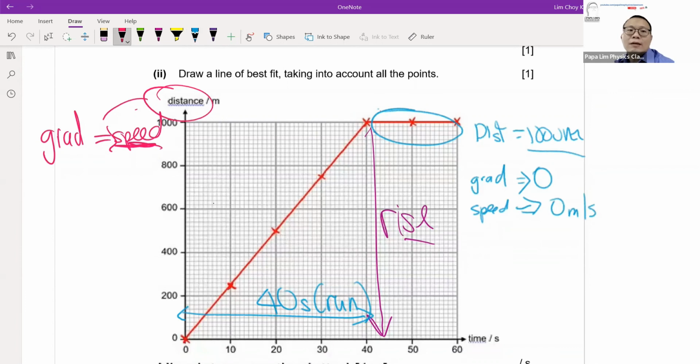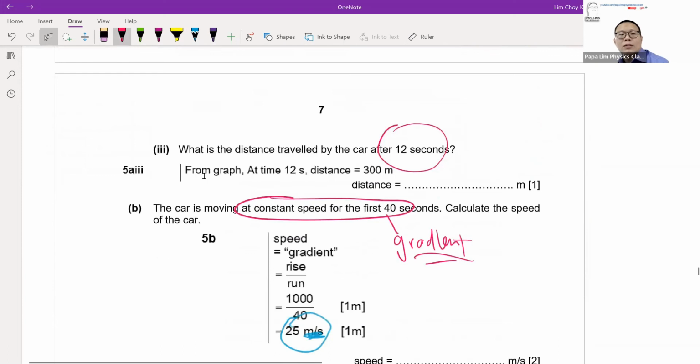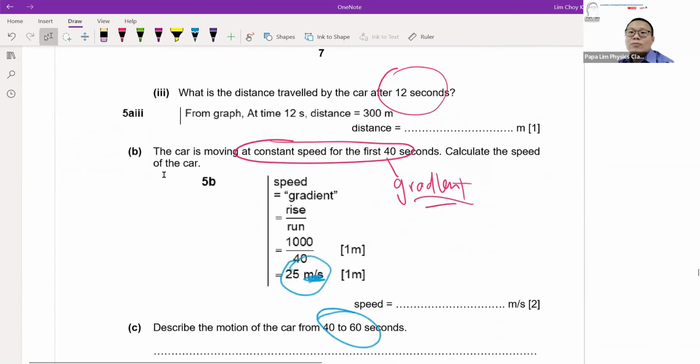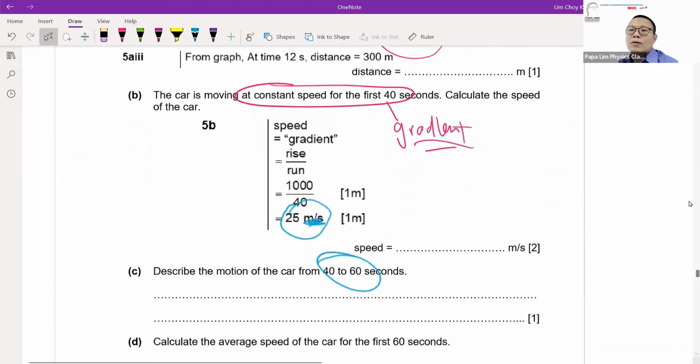Remember, like I mentioned before, for a distance time graph, the gradient represents the speed. So if my gradient is 0, it directly means that the speed of the object is also 0 meters per second. This is what I need you to write when we talk about description. For a distance time graph, when I ask you to describe, you need to write about the speed.